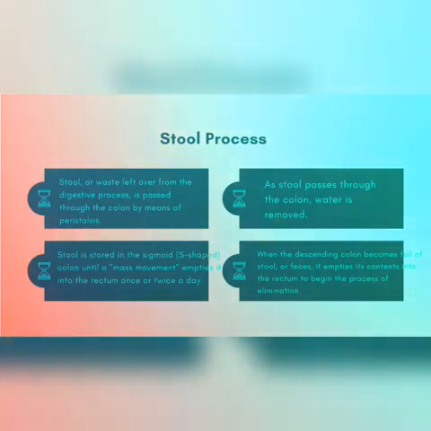It normally takes about 36 hours for stool to get through the colon. When the descending colon becomes full of stool or feces, it empties its contents into the rectum to begin the process of elimination.